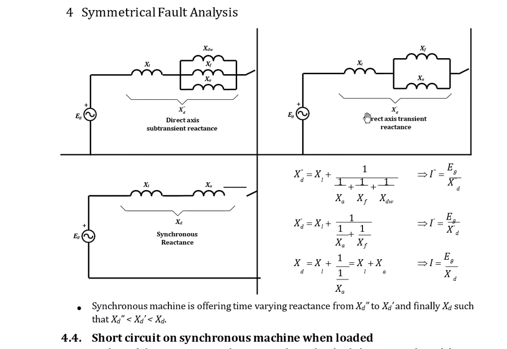One by one, when each reactance dies out, our effective reactance starts increasing. At the end, in the steady state portion, only XL and XA are present, and this combination of the two creates the most reactance. XD is the highest reactance compared to XD double dash and XD dash, and due to this our current will decrease and become a steady state current.